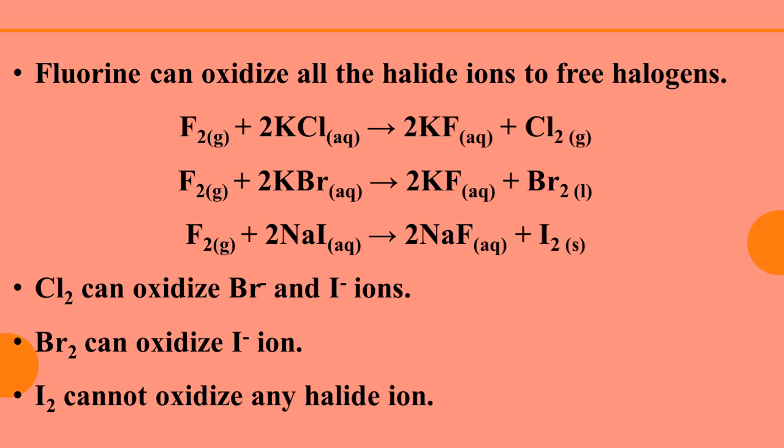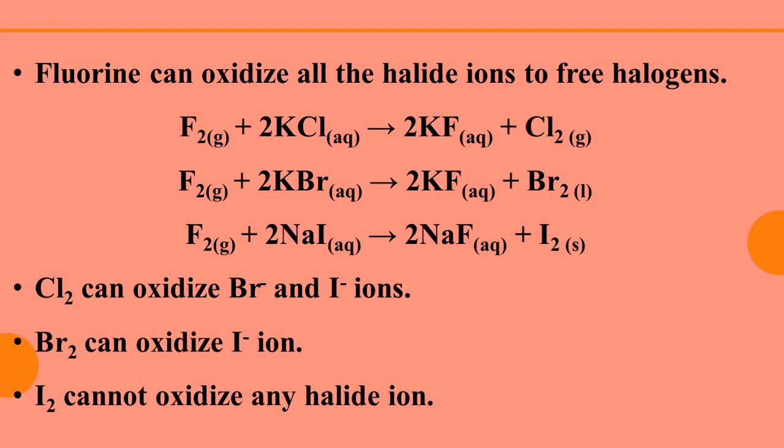As you can see in all of these equations, fluorine is displacing the other halide ions. In the first equation, fluorine F2 is reacting with KCl and is removing the chloride ion from its salt and is forming KF and chlorine gas. It means here the fluorine had displaced the chlorine and formed KF.